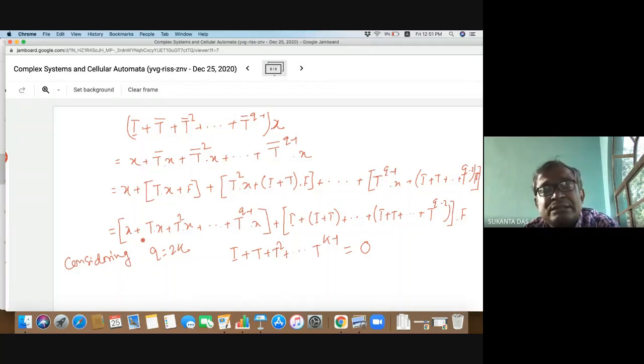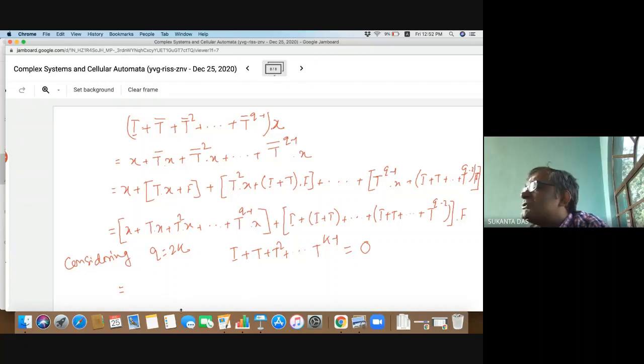If I take x as this, what will be there here?